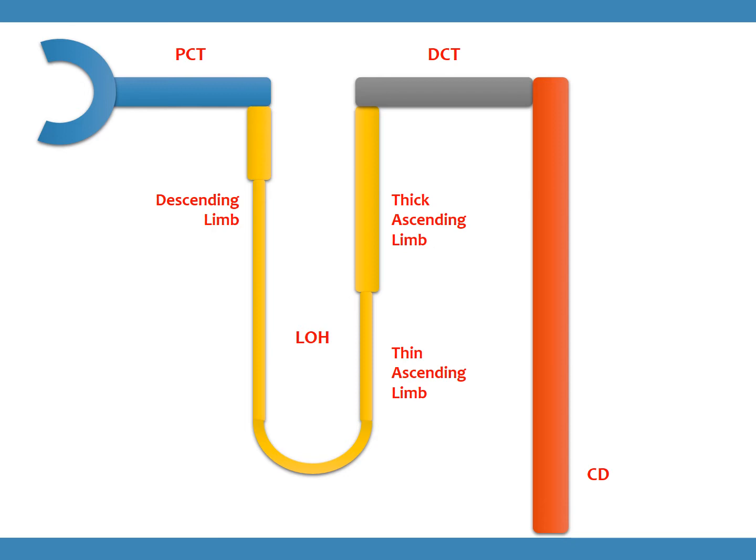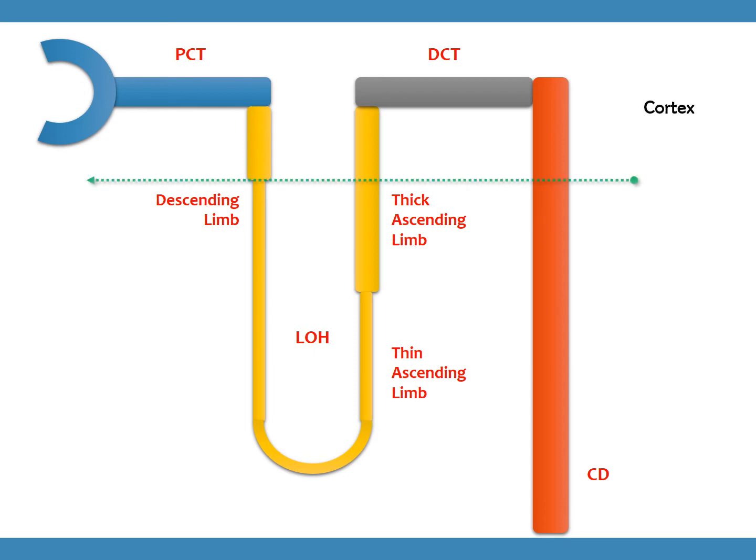It loops around and becomes the thin ascending limb, but the later part of the ascending limb becomes a thicker tubule, which is called the thick ascending limb, which will then continue as the distal convoluted tubule, which will then become the collecting tubule and collecting duct.